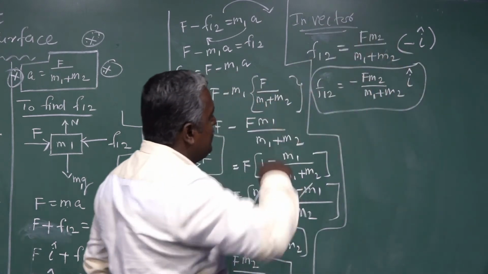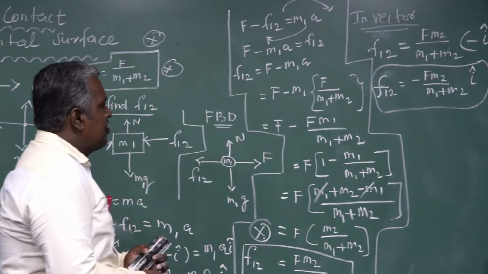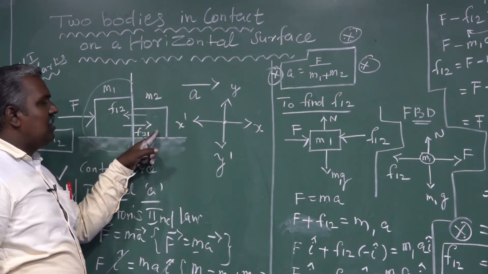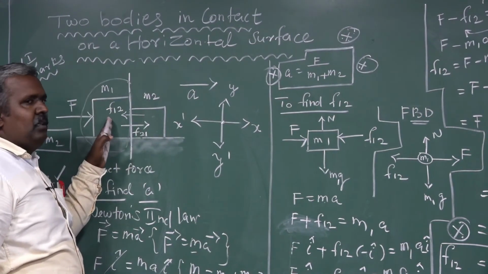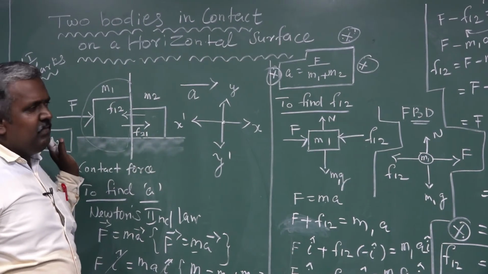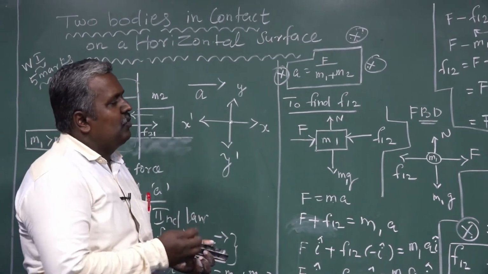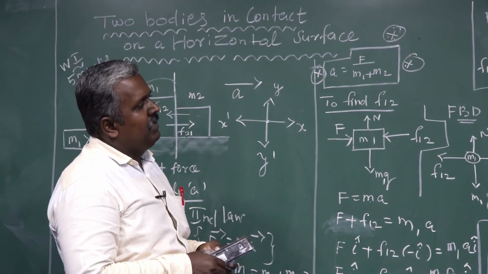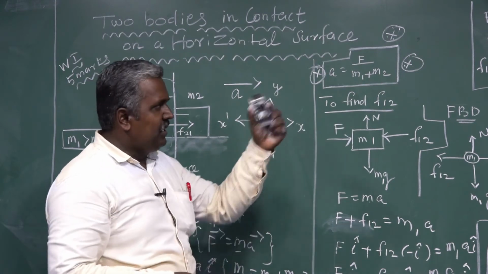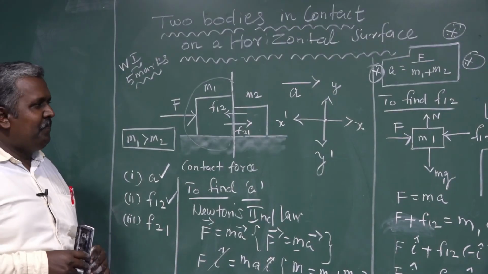The force exerted by the block of mass M2 on M1 acts along the negative x direction. So small f12 is equal to minus capital F M2 by M1 plus M2 I cap. That is the value of small f12. Clear?